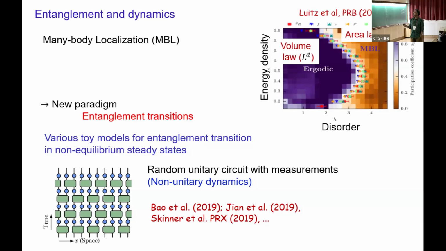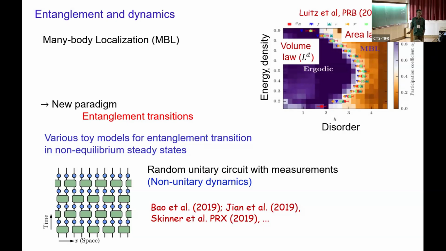Yes, here at the many-body localization transition, there is some controversy about this. These are all numerical results. People used to believe that this is also volume law at the transition, but that is only a numerical result. There is no method really which can access this with any confidence.